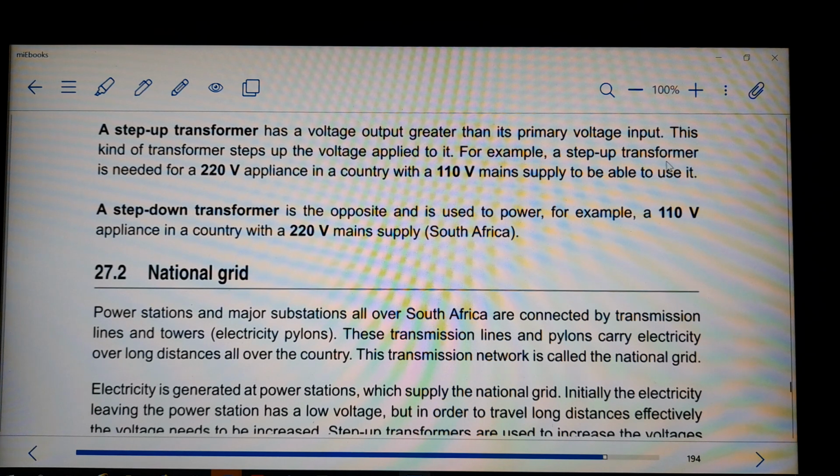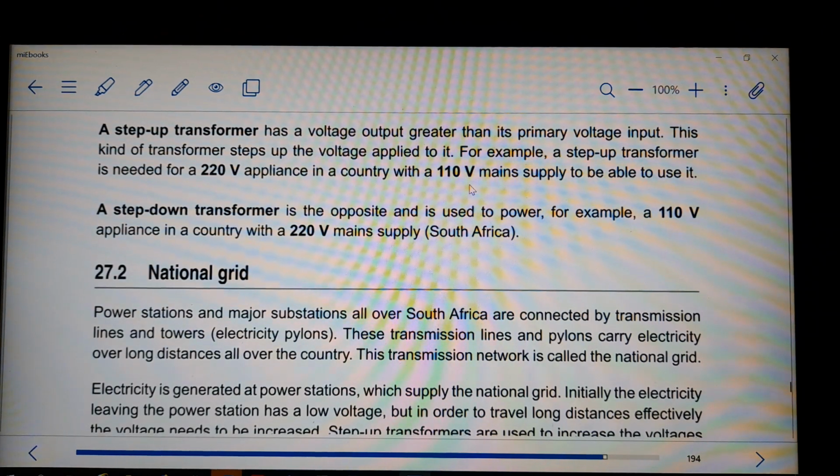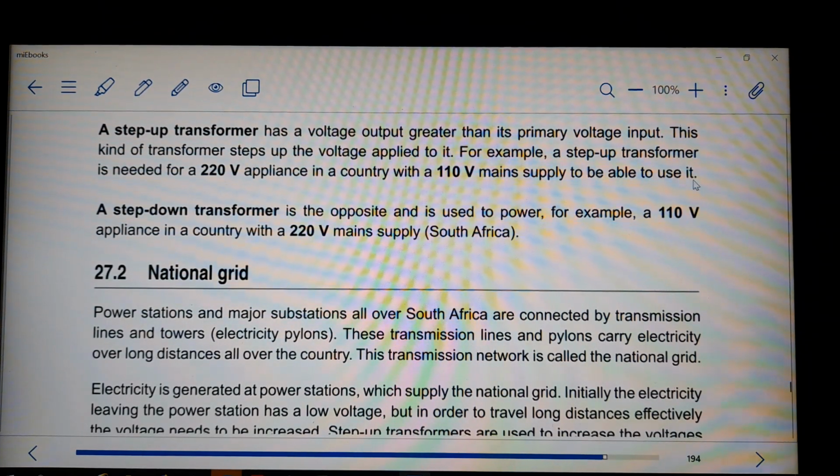For example, a step-up transformer is needed for a 220 volt appliance in a country with a 110 volt mains supply to be able to use it.